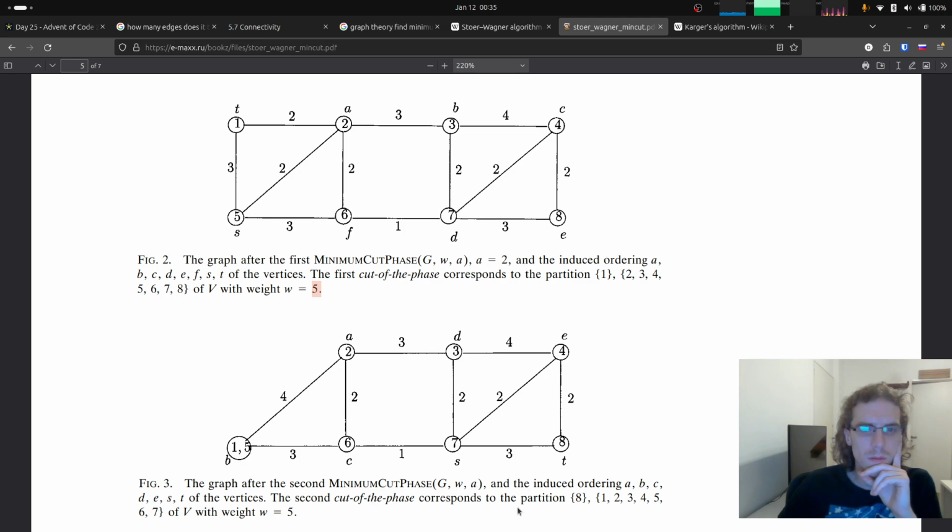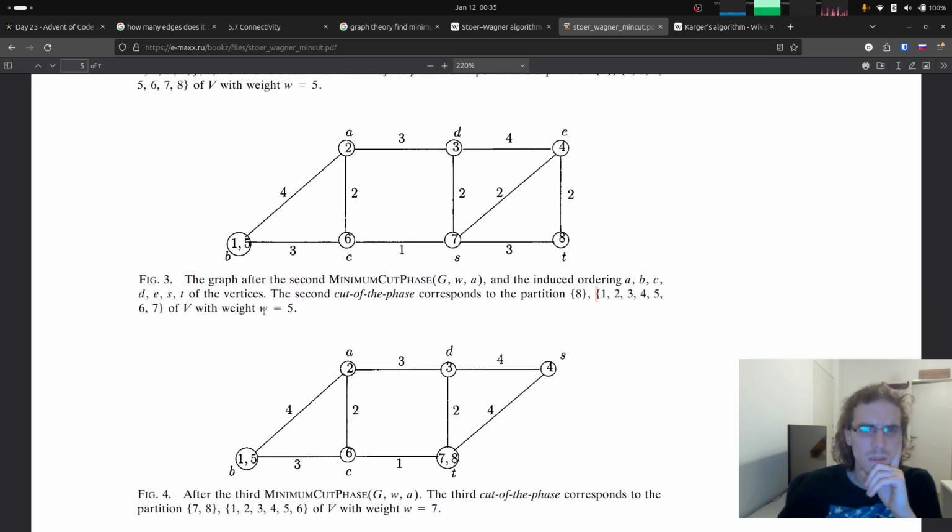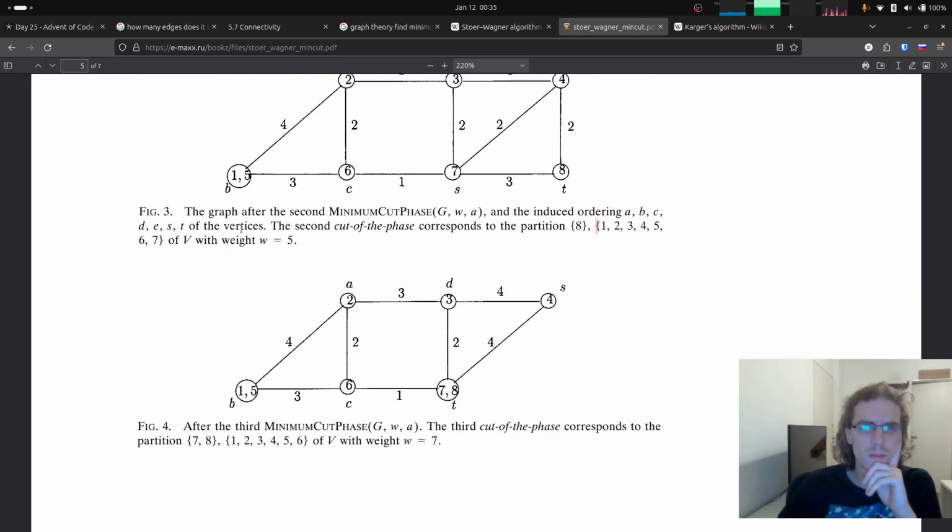The second cut of the phase corresponds to the partition 8 and then everything else with a weight of 5. Okay, I'm not entirely sure about how that works, because now it changes, the partition becomes 7/8 after the third minimum cut phase.